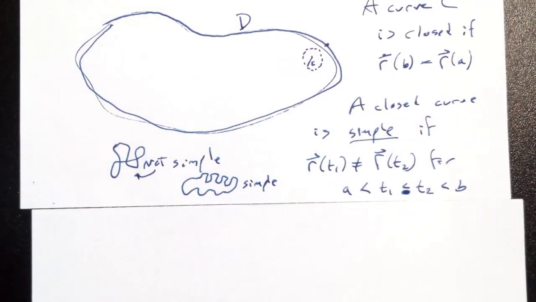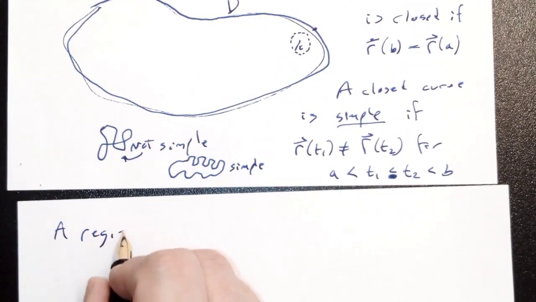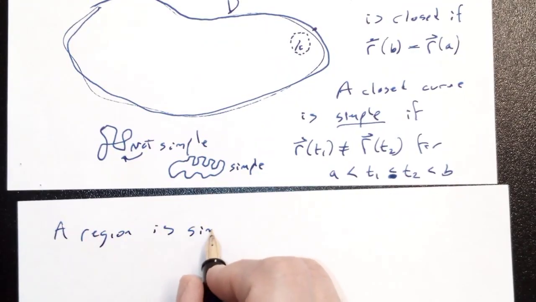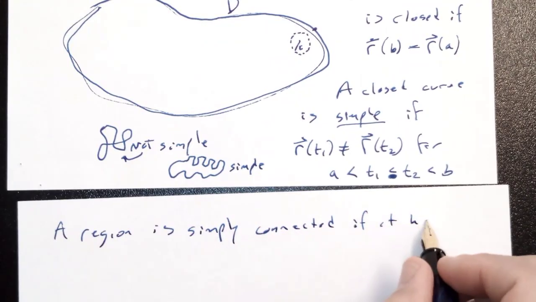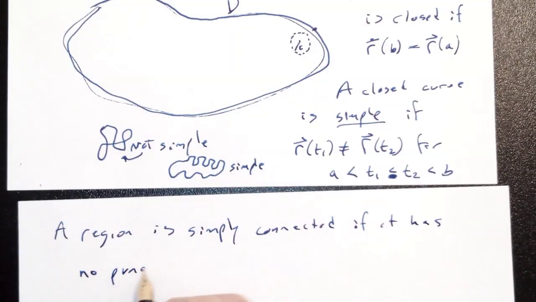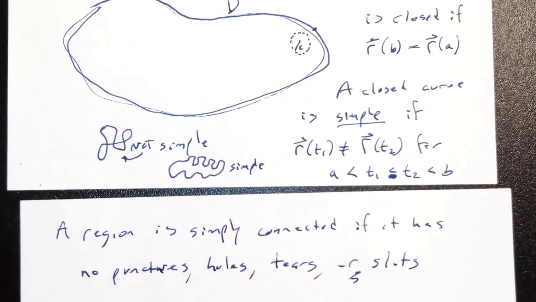So I have an open region. I need one more statement about my region. A region is simply connected if it has no punctures, holes, tears, or slits. So I think of a simple curve and a simply connected region.